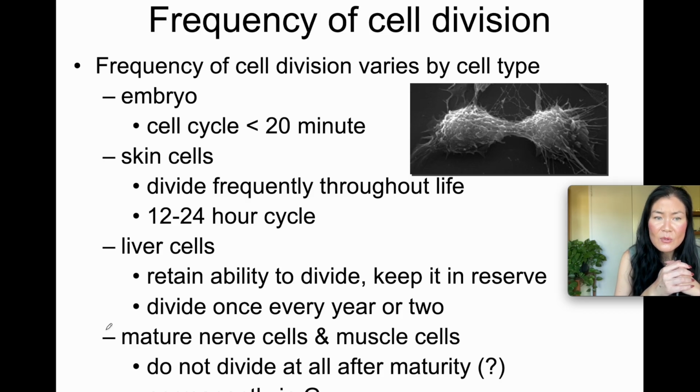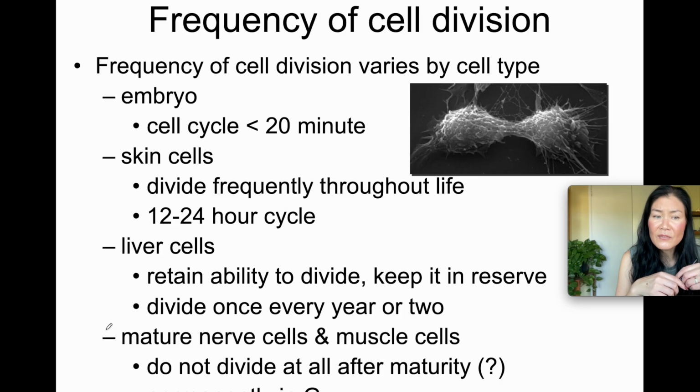As little embryos, the cell cycle is very short, less than 20 minutes, because it's dividing and growing into a little organism and little fetus, which is going to become a baby. Whereas your skin cells are constantly dividing at a regular pace in a 12 to 24 hour cycle. They divide frequently throughout your life.